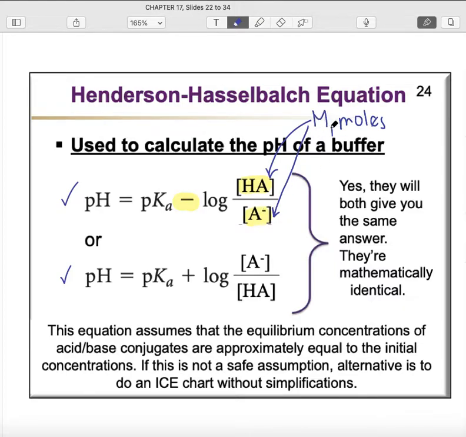Either molarities or moles, both of them would work. If you had used molarities, remember that molarity is moles per liter, and so the liters would have canceled out because they have the same number of liters. So again, it makes no difference whether you utilize moles or molarity, as long as they're both in the same units. So that's something that is important for you guys to remember.